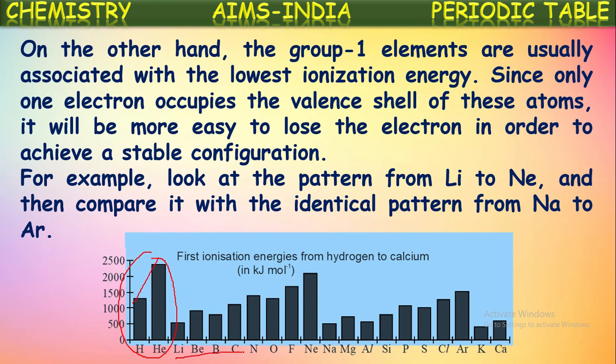Next period elements, from lithium to neon, it gradually increased. Of course, there are some fluctuations. For that also there are some reasons, such as stable configurations, which we are going to discuss later. But generally, it gradually increased in a period because size is decreasing.